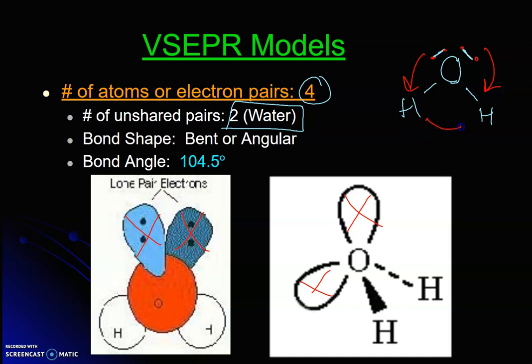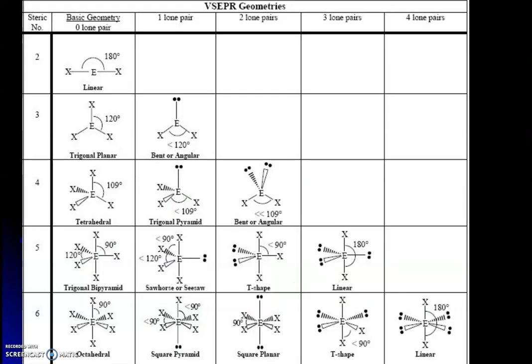So it has a general bond angle less than 109.5 degrees, but specifically for water, it's 104.5, which I believe is a radio station around here. Okay, so water should be easy peasy, and you should always remember its specific one is 104.5. So definitely star, circle, highlight exactly that.